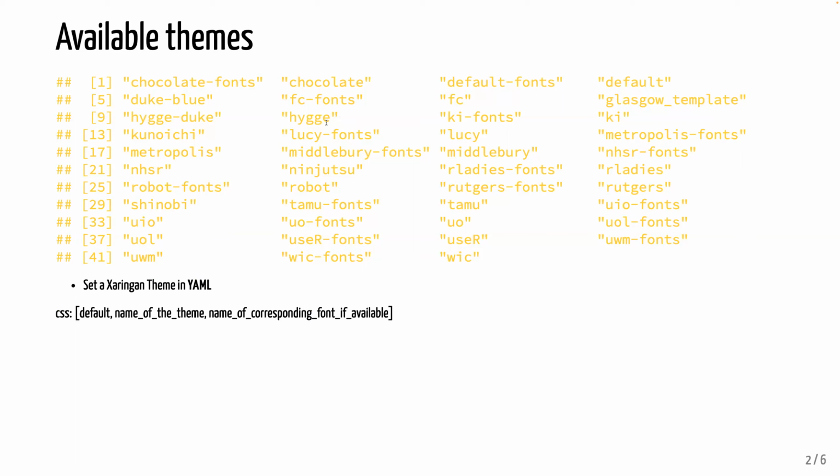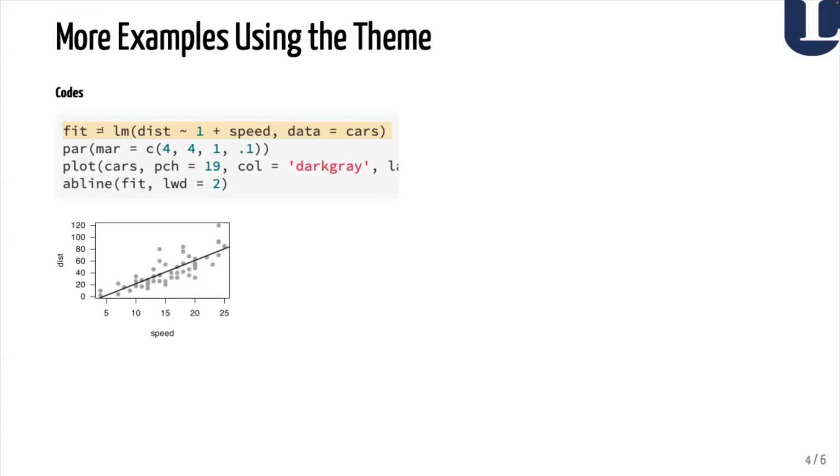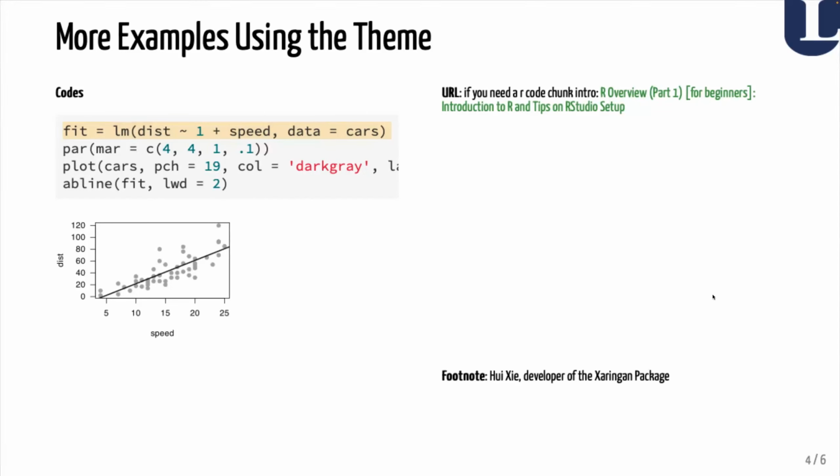So this one, I think, is this Shinobi. So Shinobi is the name of this theme. Let's see more example, logo, the codes. Yeah, the highlight, I think, works fine. While it's not very consistent, so this one uses green for URL, and footnote looks like this.